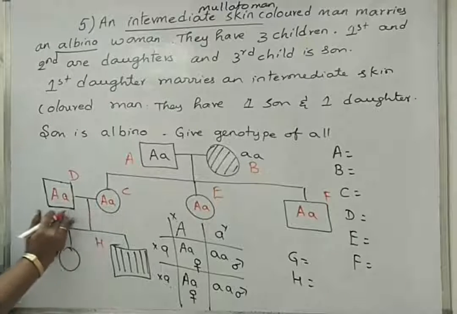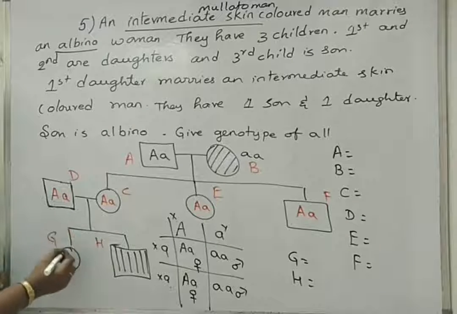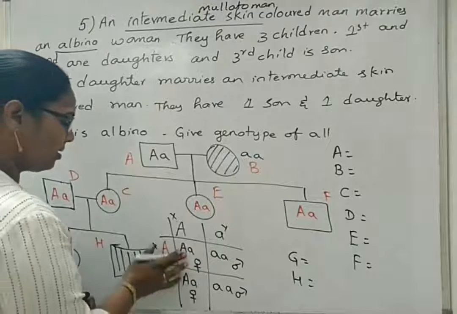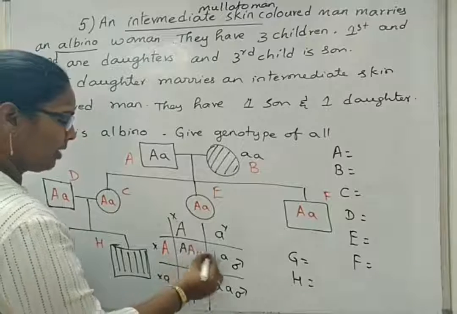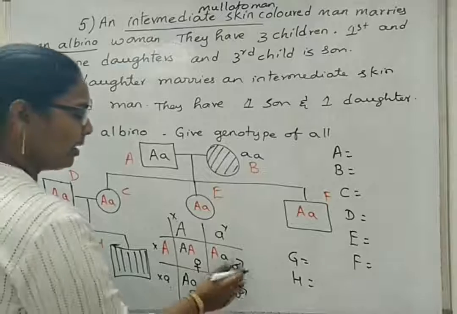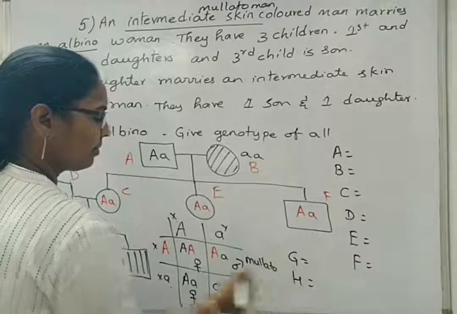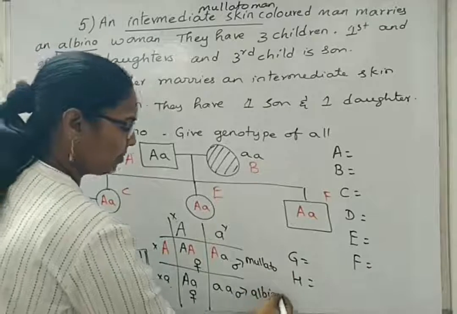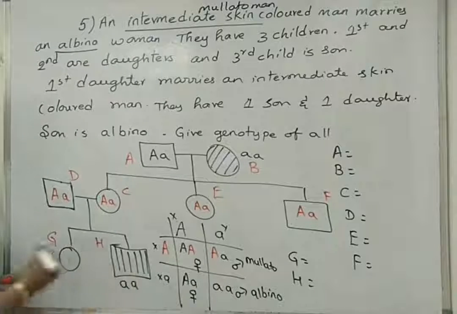Now, when this woman has married this intermediate genotypically arranged man, then there is a chance. If we change this one to this, it can be like this. Then it can be an intermediate skin colored male, meaning a mulatto male. Here also it will be X and X, then it will be albino. So according to the chart, here it should be albino.